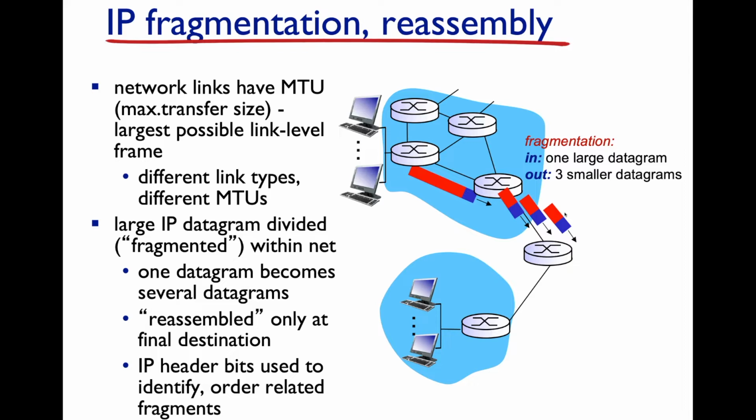So it's broken up into smaller datagrams or fragments, and these fragments get forwarded along the link associated with the smaller MTU, and they're not assembled until they reach their destination. And one might ask, how exactly is this managed? That's what the discussion we're going to carry forward entails.